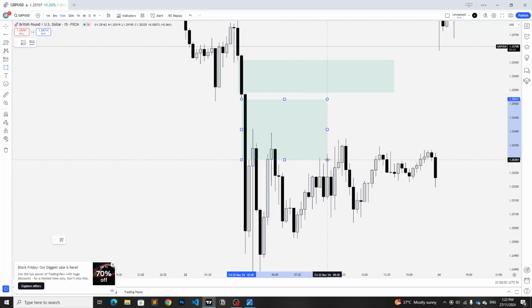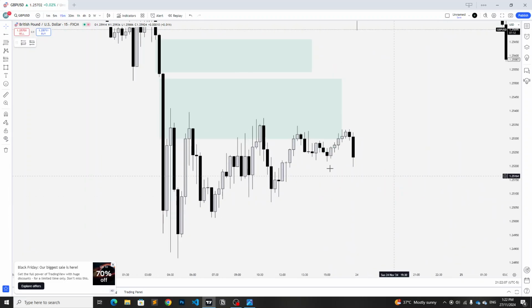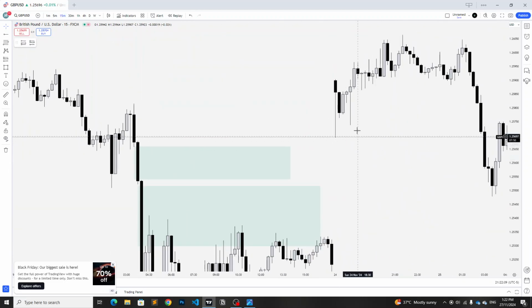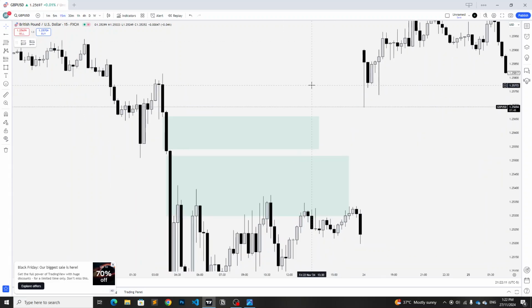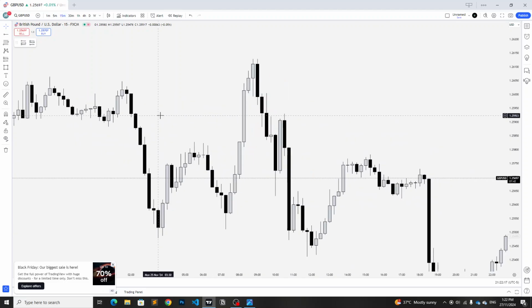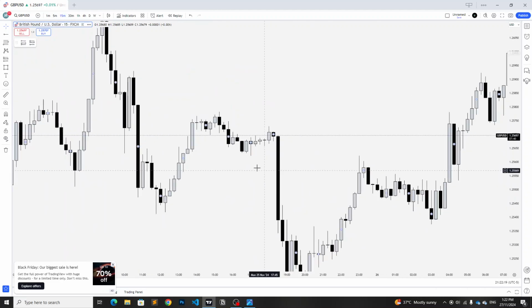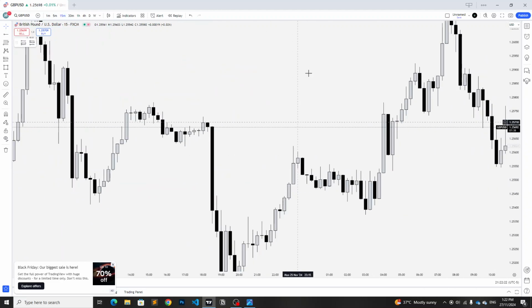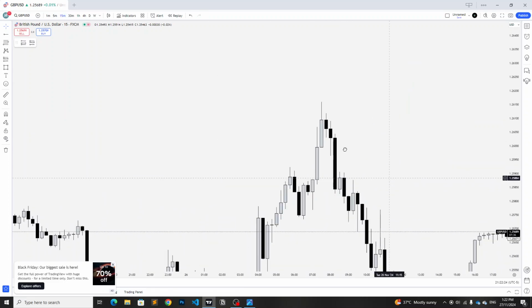That's your second fair value gap. Price tested it so many times. There was a weekend off, so the price is basically shitty, but we're just looking at the fair value gap. We're not looking at any entries, or how to enter the trade with the fair value gap, because you need so many things.